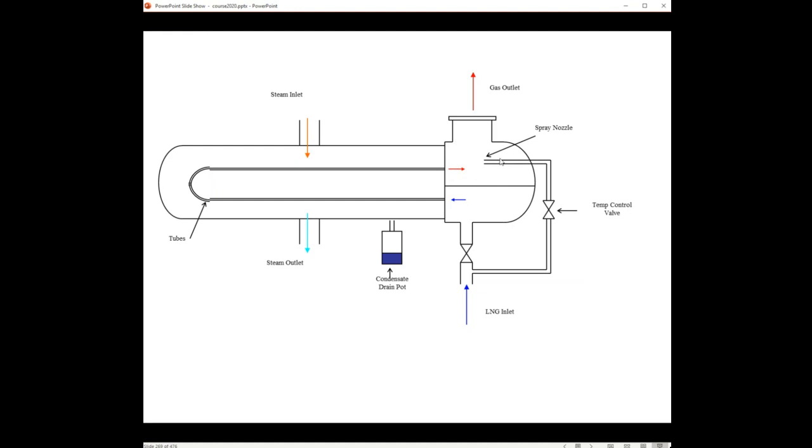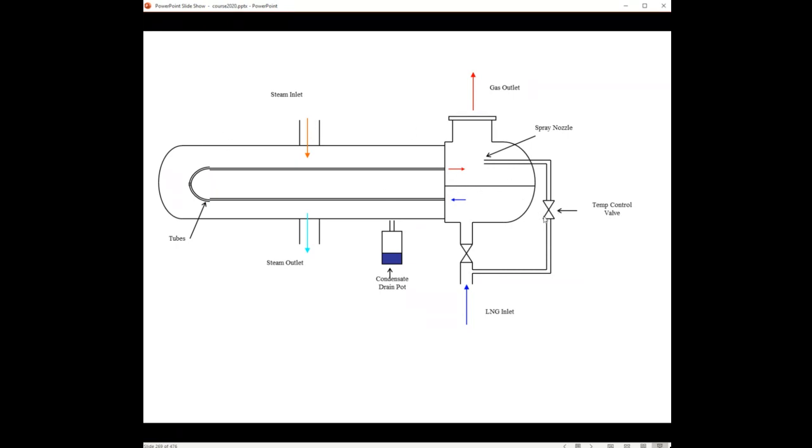So to avoid sending too hot vapors to our tanks, we will first decrease the temperature here at the outlet of our vaporizer by spraying liquid droplets inside this outlet. These droplets will evaporate. They will need heat to evaporate, and this heat is taken away from the vapor coming from the vaporizer.